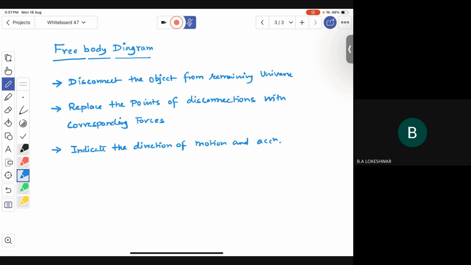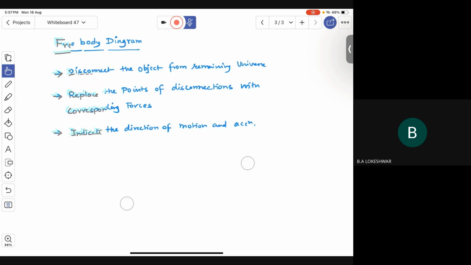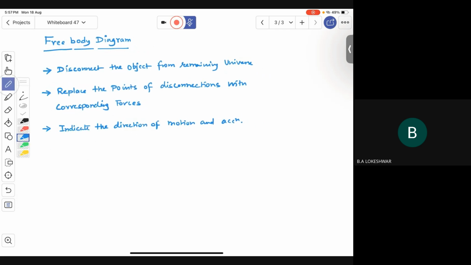Okay. Now I'll start with something that we know, like the force of gravity. That too, we have to know the force of gravity near the surface of the earth. So that force is equal to mg.